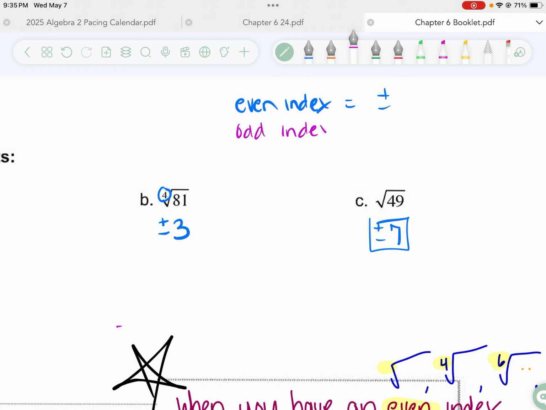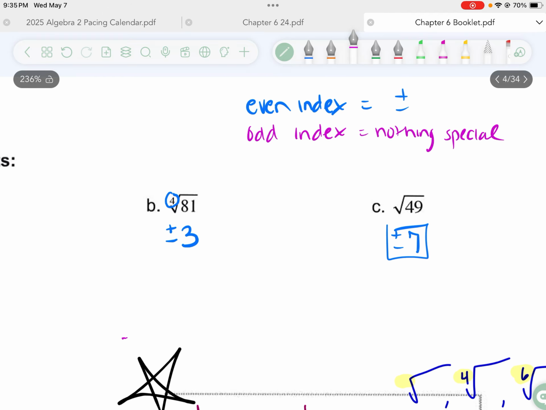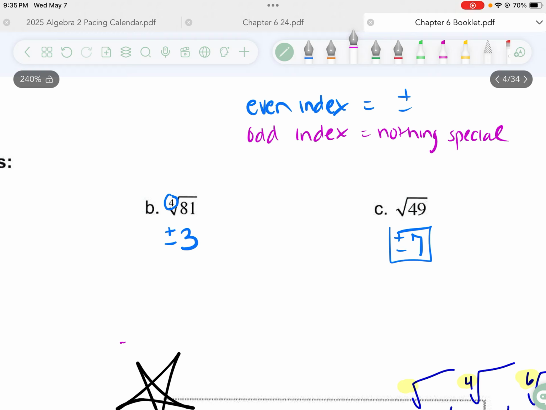Odd index, I always say nothing special. Okay, so if you take anything away from this lesson, it's knowing what I mean by the index. That's the most important vocabulary word from this lesson.